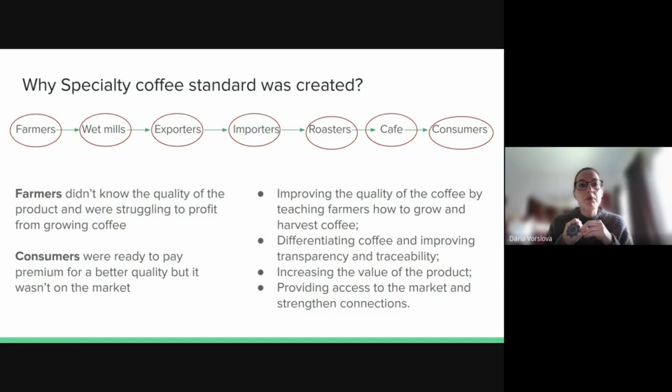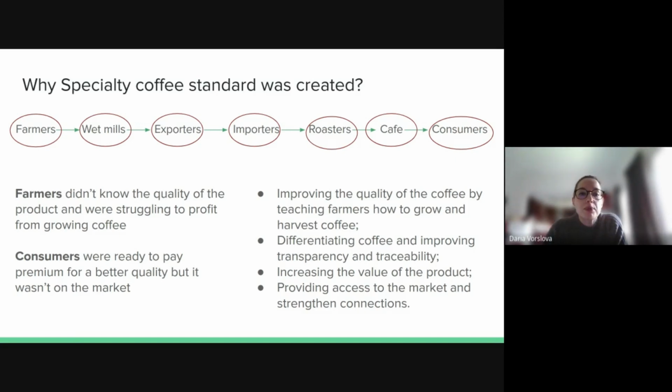They teach about what kind of job was done to develop the standard, why they did this, and what the definition of the standard is, how to select defects from the green beans, what the standard for these defects is, how you can find them, how they look, how to count, and what the other characteristics of green bean quality are, like smell, color, humidity, and how to use this score sheet, this protocol, and how to determine different acids, flavors, defects in coffee, all this stuff.